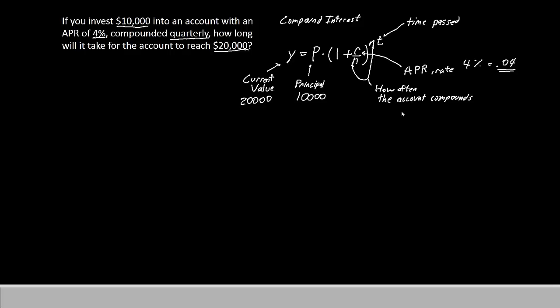So when they say something is compounded quarterly, that means you are compounding 4 times each year. So we're going to let the N be 4. And then the T is the time passed. The question asks how long. So that is going to be our unknown.